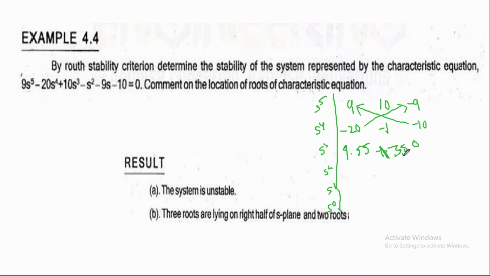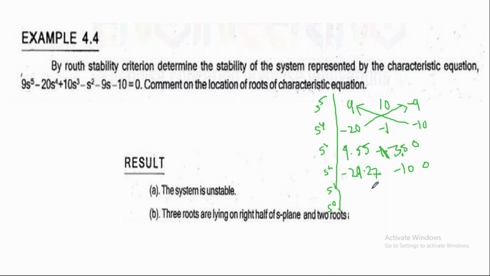Next, minus 13.5 it is. And next, 9.55 into minus 1 minus minus 20 into minus 13.5, divided by 9.55. So you'll get minus 29.27. Next, 9.55 into minus 10 minus 0, divided by 9.55, so you'll get minus 10 here, and the remaining is 0.